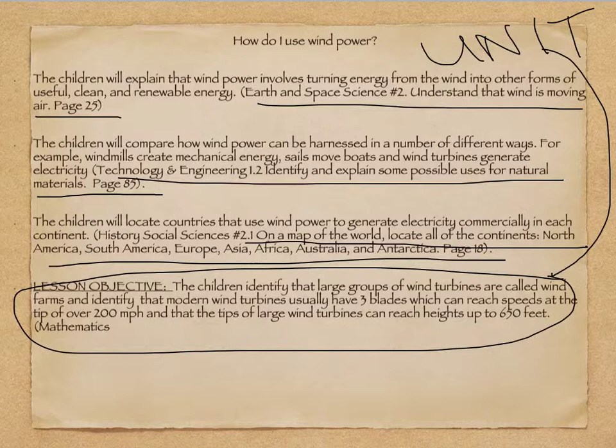I would get a standard out of mathematics. I didn't have that listed here. But you can see that this is where my unit objectives are, and that I would need a series of lessons to teach each of these unit objectives.